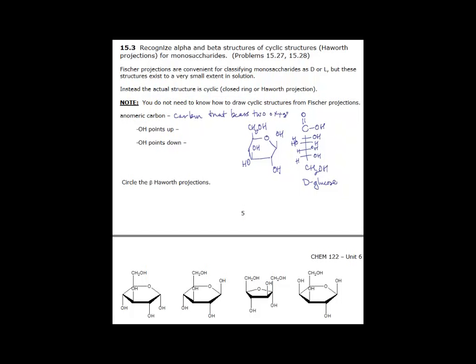In the Haworth projections, 95% of the time it's going to be written pointing towards the right, just because that's how Haworth projections are typically written. So this is the anomeric carbon. It bears two oxygens.